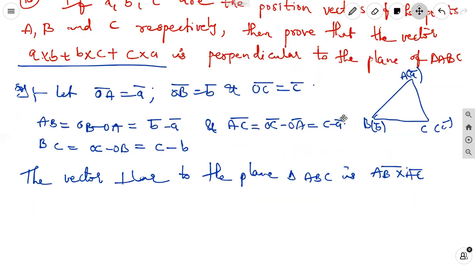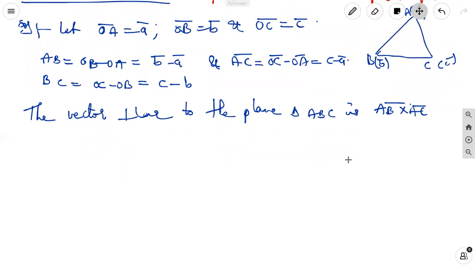That is the relation. Here we can take the vector perpendicular to the plane of triangle ABC as AB cross AC, that is equal to B minus A cross C minus A. Now we can take the cross product.